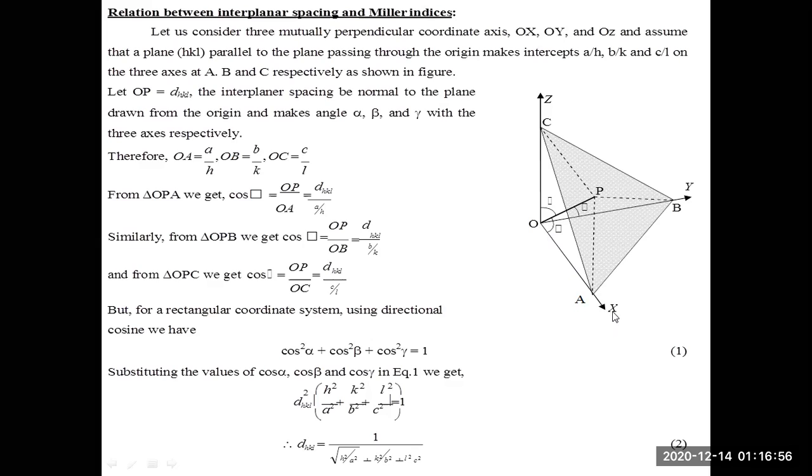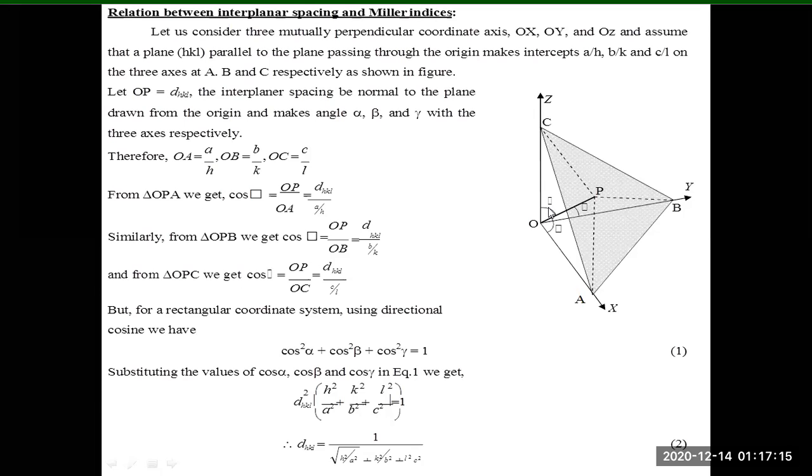OX is the crystallographic axis along x, OY is the crystallographic axis along y, and OZ is the crystallographic axis along z. OX makes an angle alpha, and OY makes an angle beta with respect to the perpendicular distance taken from the origin.